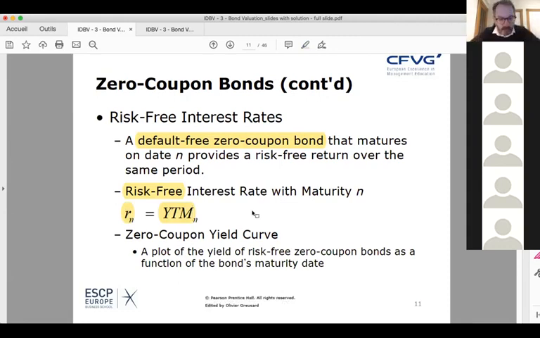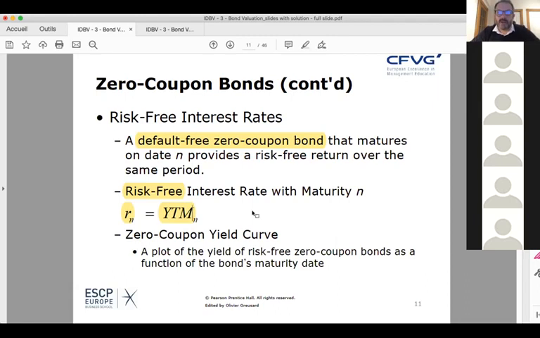Another way to put it is that if later you need to find a risk-free rate somewhere, you can use the return on the zero coupon bond to determine what the risk-free rate is.